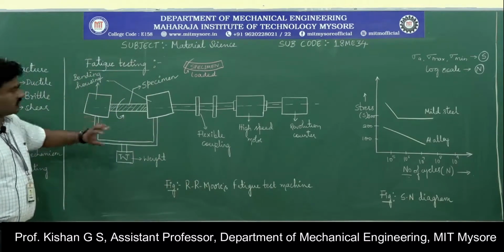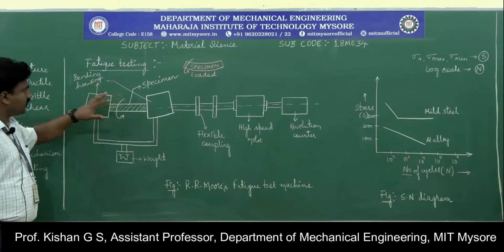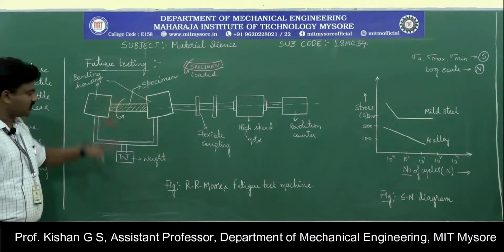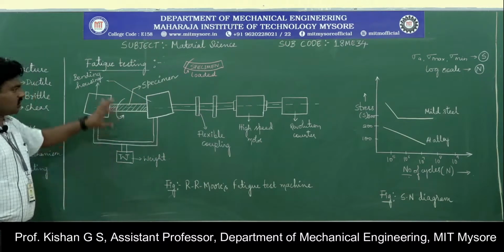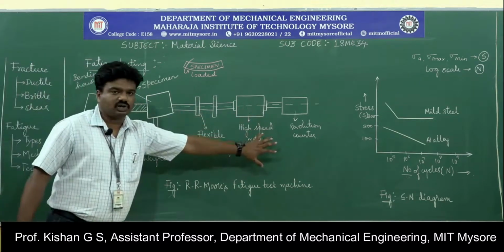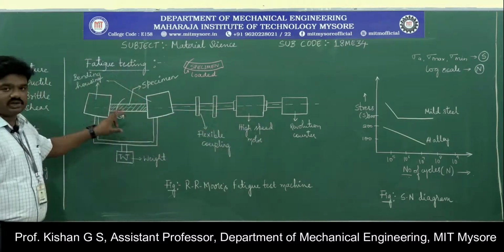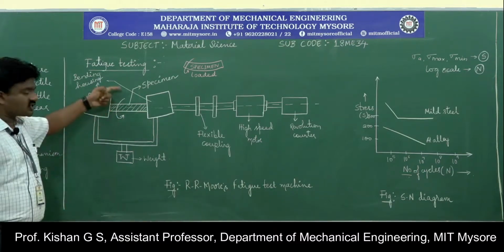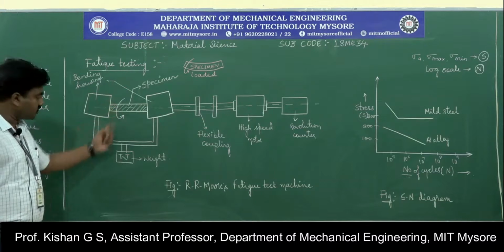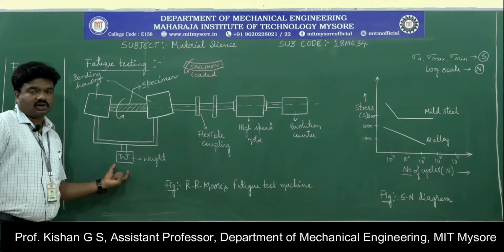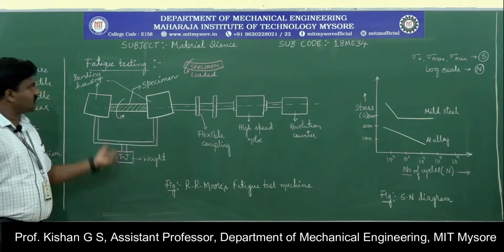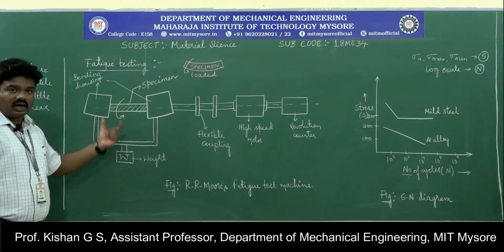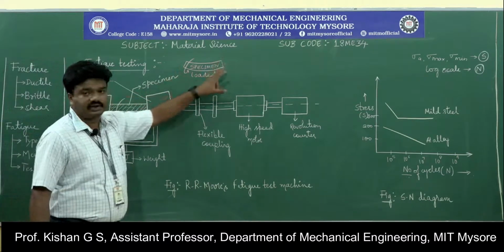During the operation, the specimen is fixed between the two bearing housings and subjected to the additional weight W. Once we switch on the high-speed motor, the specimen rotates along a particular direction, and once the weight is added to the bearing housing platform, you can observe the specimen condition here.